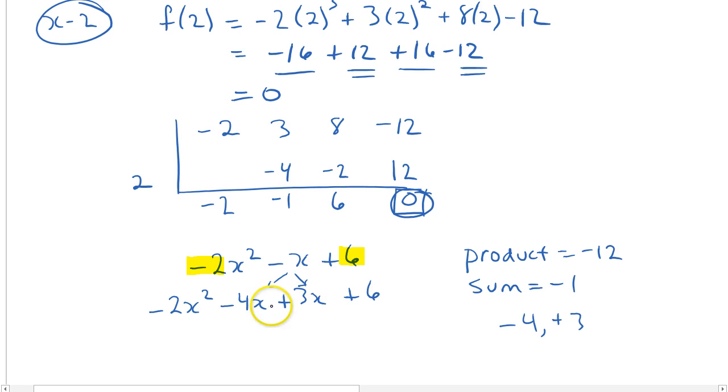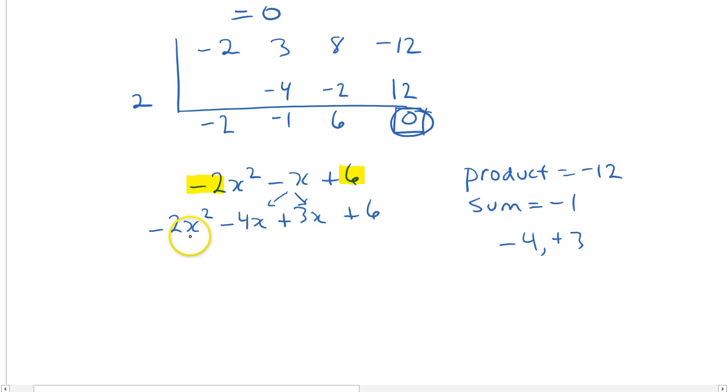And mathematically it's fine because minus 4x plus 3x is a minus x. Now I'm grouping. I'm going to group the first two terms together and factor out whatever is common. What's common is a minus 2x. So now I get x plus 2.